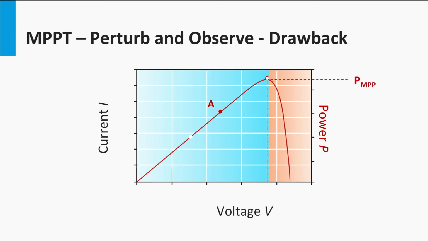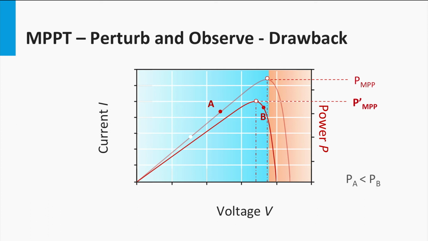In the latest perturbation, the algorithm has determined that the maximum power point lies to the right of point A, and hence the next step is a perturbation to converge towards the maximum power point accordingly. However, as the illumination changes rapidly before the next perturbation, it shifts the operating point to B, while the new maximum power point actually moves to the left of B.